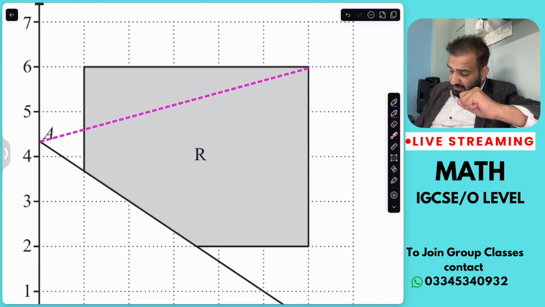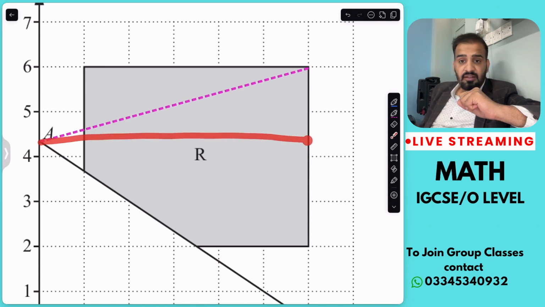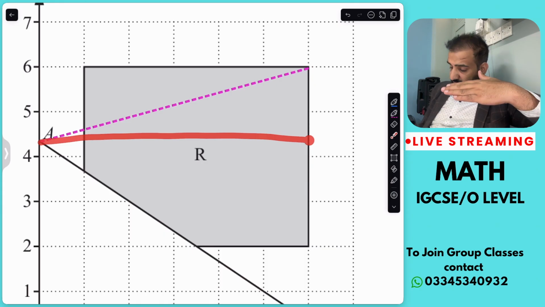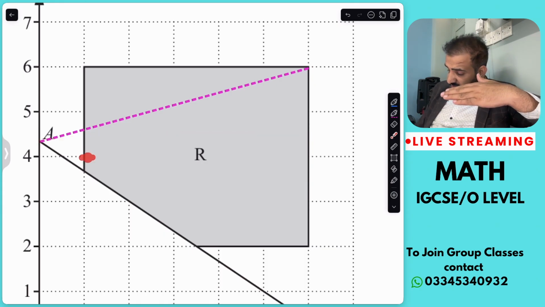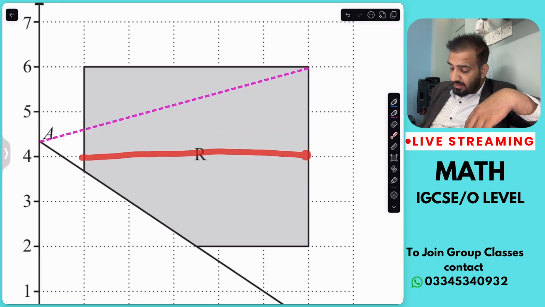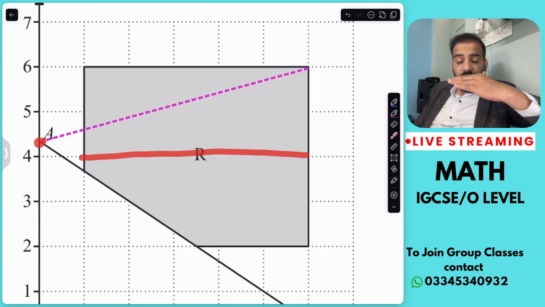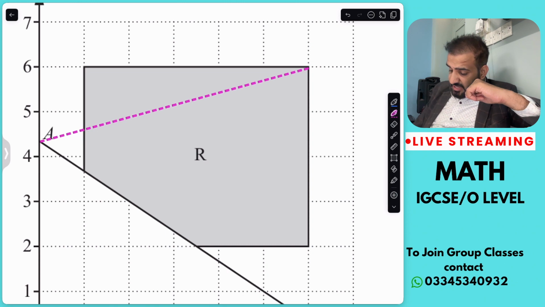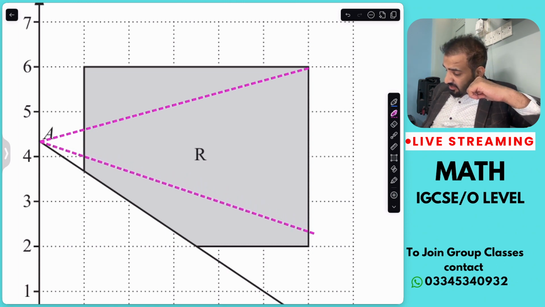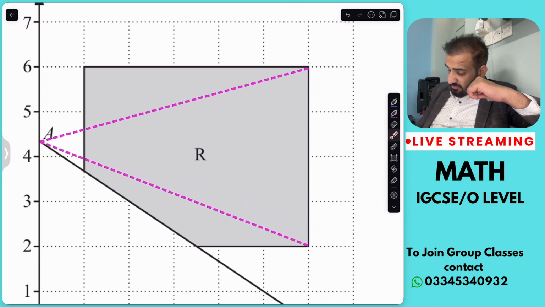So you can see that A is this point, okay? This is the half of the rectangle, but A is above the half. So if I have to choose which distance is bigger, how can we choose which distance is bigger?